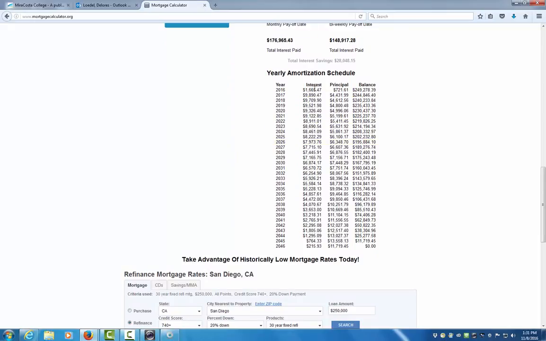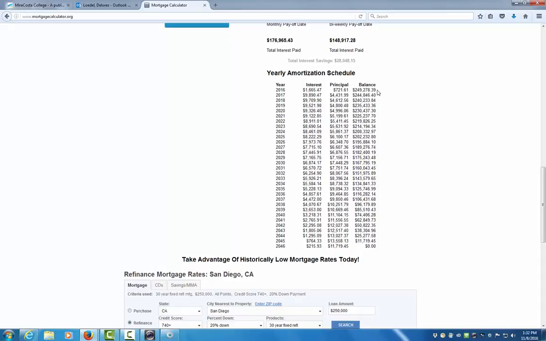So this is showing you each year how much of your total payment is interest versus principal. You can see, obviously, in the beginning years of the loan, you're paying much more in interest than in principal. That's because, as we learned in previous chapters, your interest is your principal times rate times time.